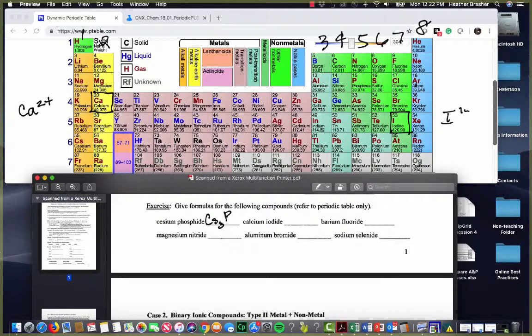So how many of what do we need to get them to be equal? Wouldn't we need times 2 of these? So then you'd write calcium iodide with 2.